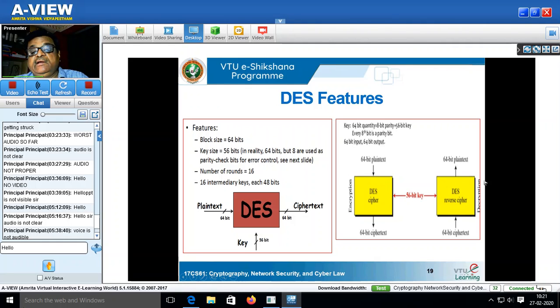And this key is shared between the sender and receiver. In cryptography, the key should be known to both of them. At the receiver end, the person knows the key and the ciphertext is supplied.